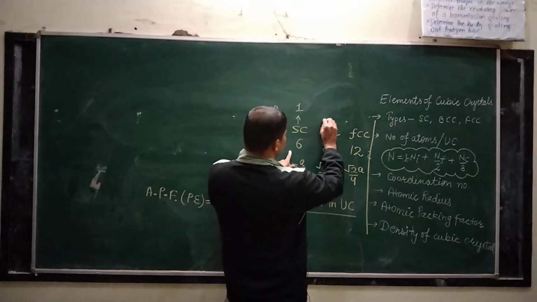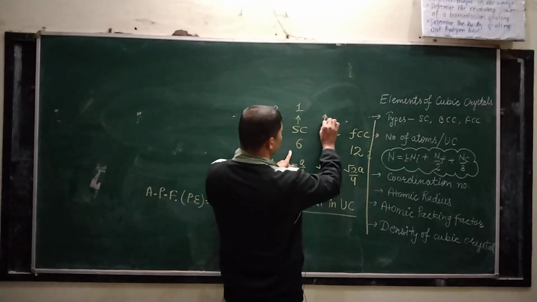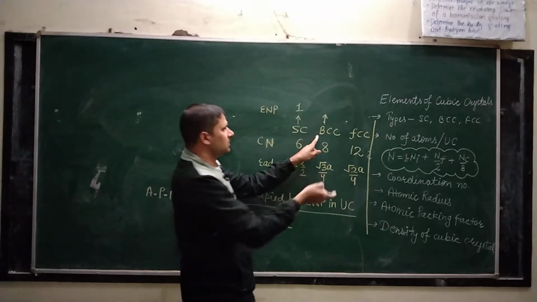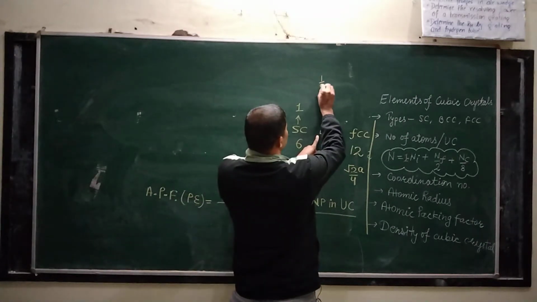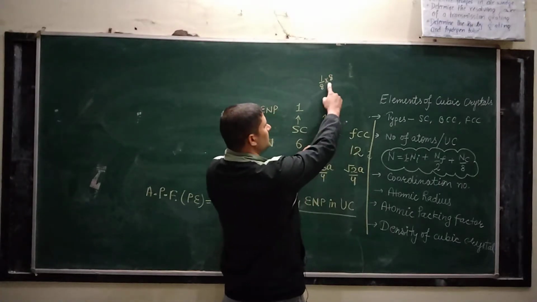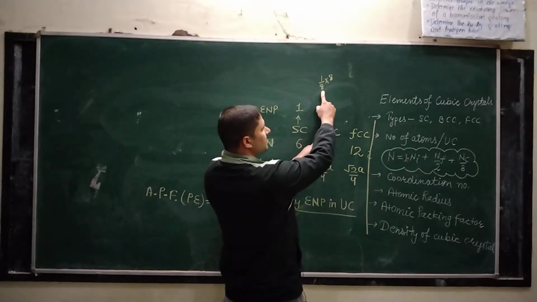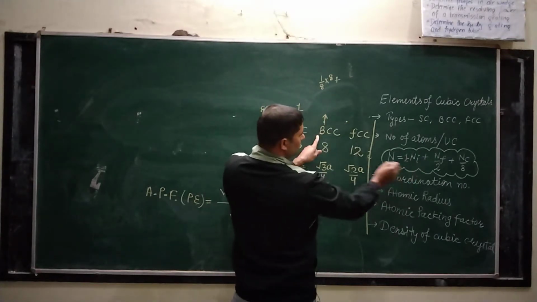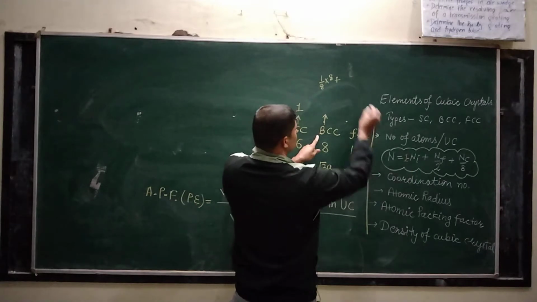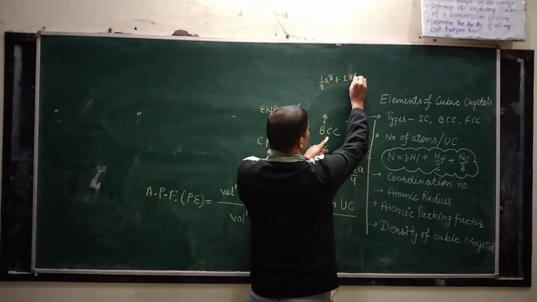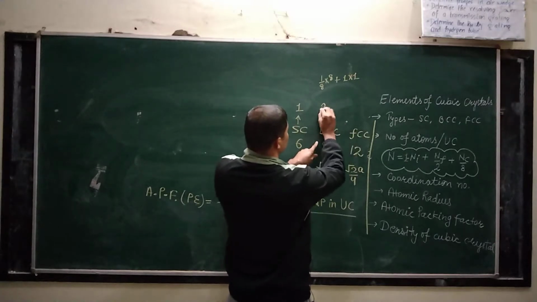In case of BCC, 1 particle is just inside and 8 particles are at the corner, so it will be 1 by 8 times 8, since the contribution of 1 particle at the corner is 1 by 8, plus 1 particle in the interior in case of BCC, so 1 into 1. So here you see this is 2.